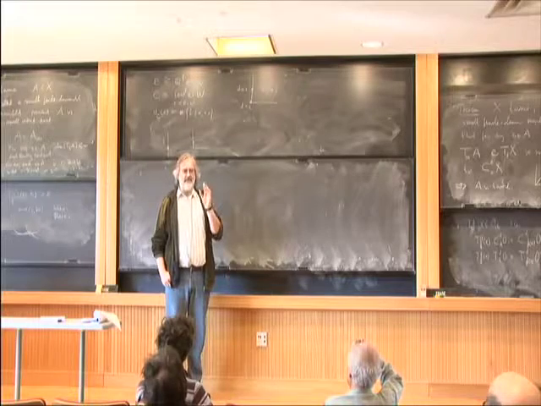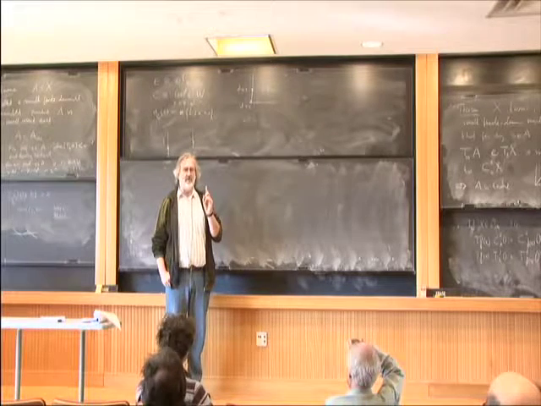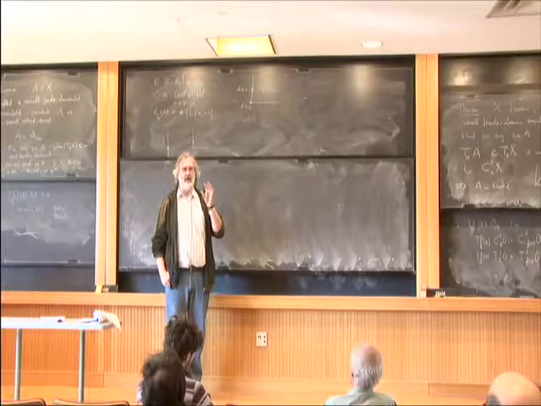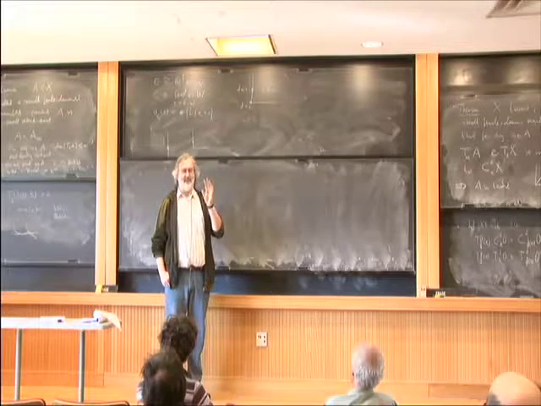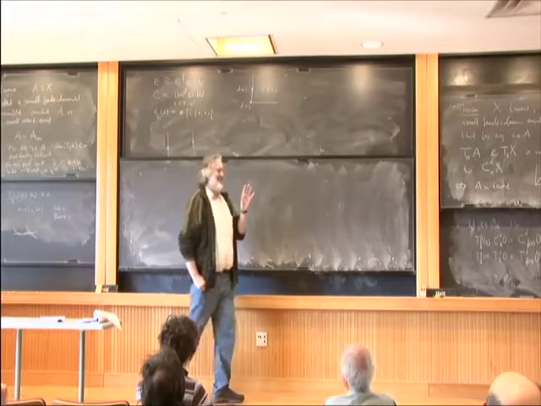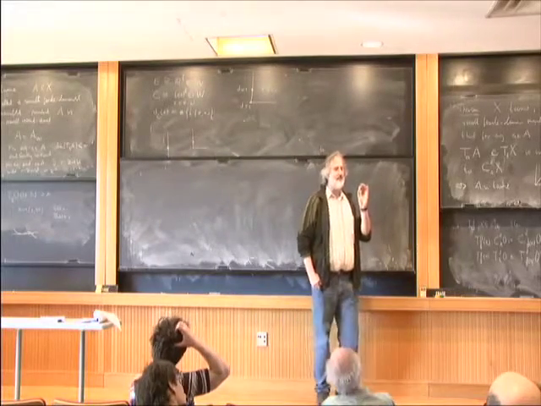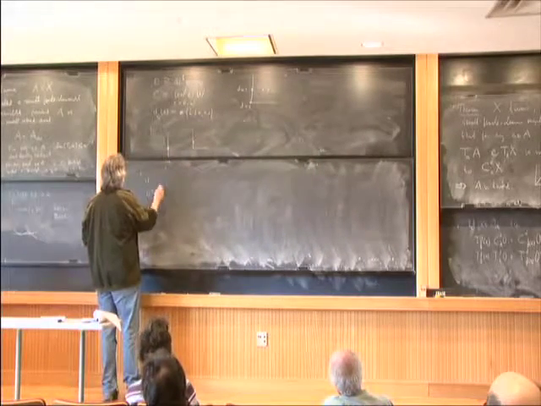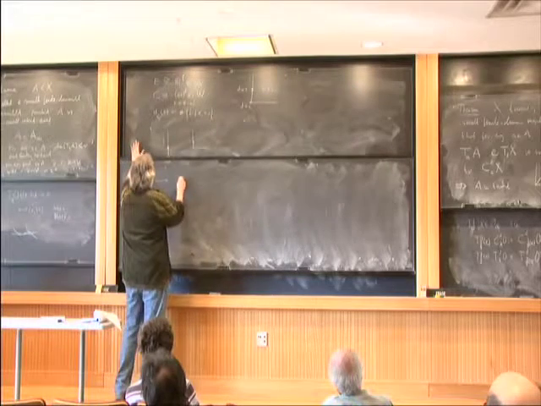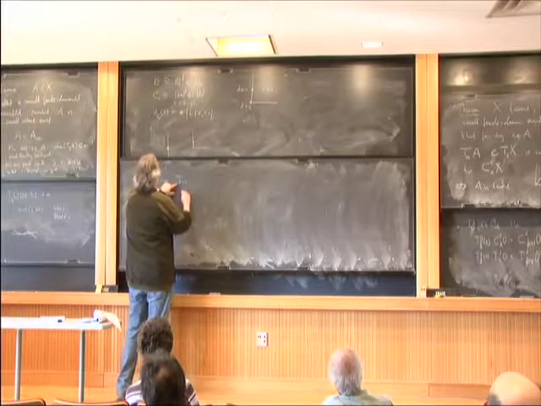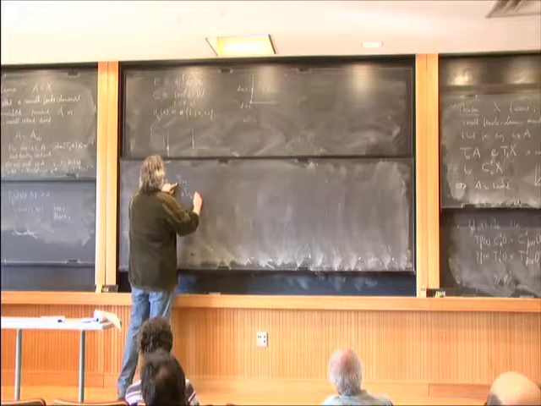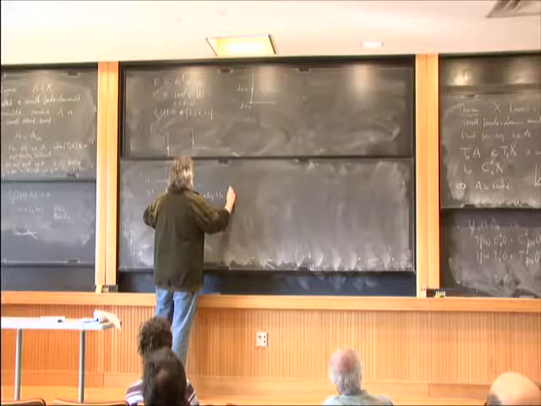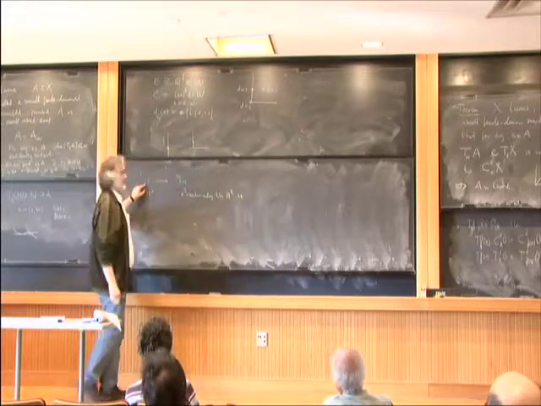But still it makes sense to talk about H3 sections. So if I have an H3 map u, the differential operator, say the D-bar operator, produces an H2 section along u.